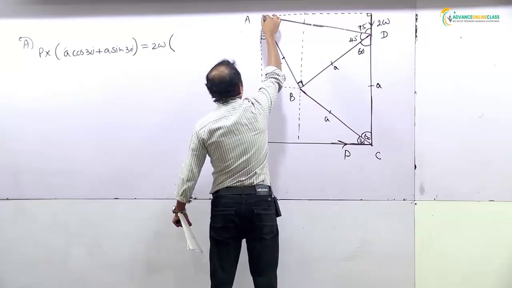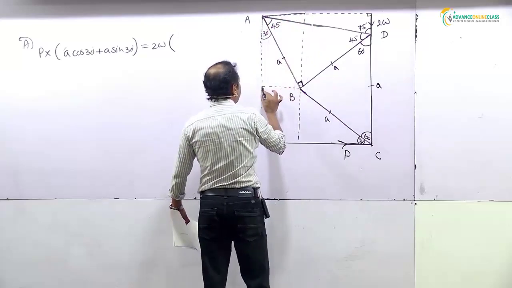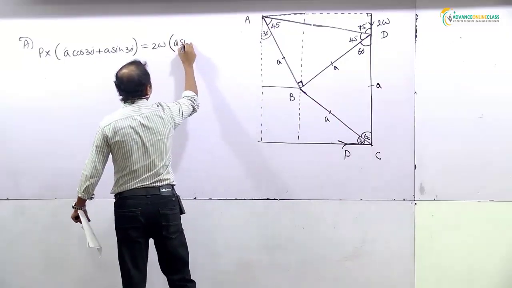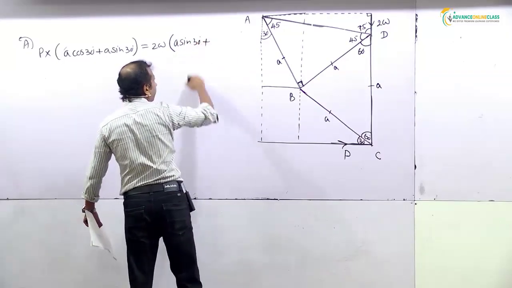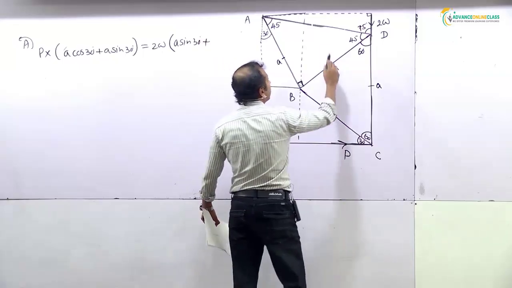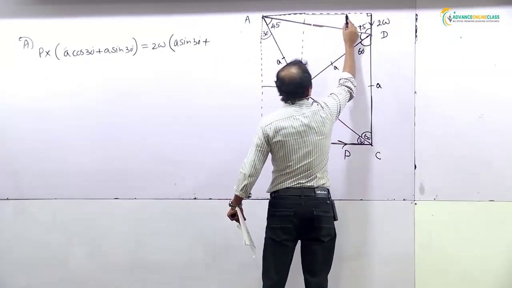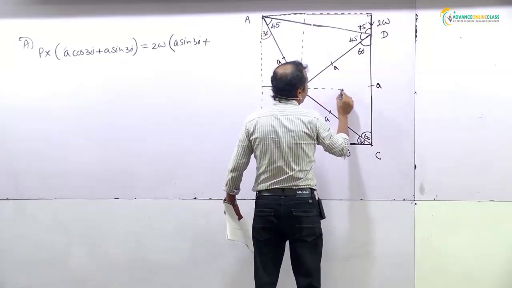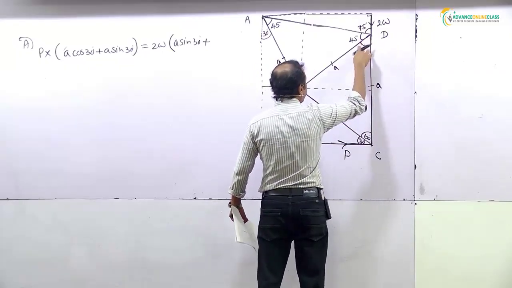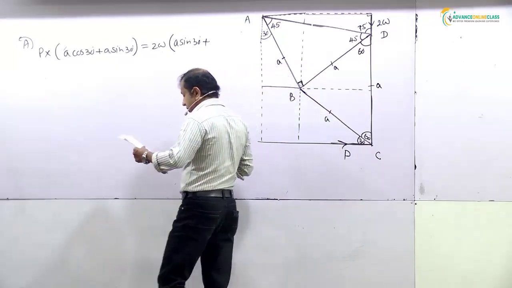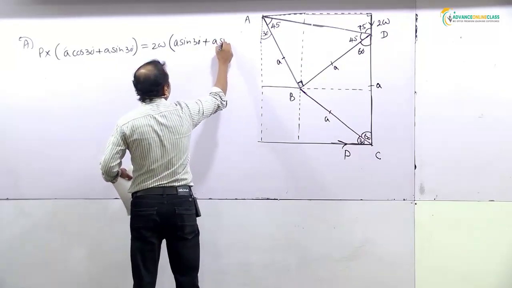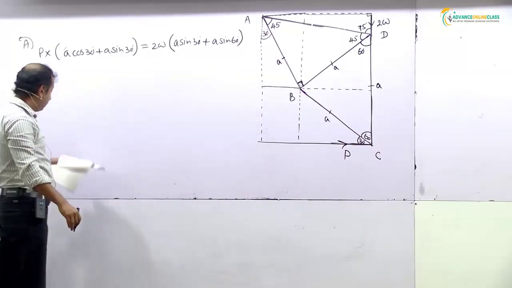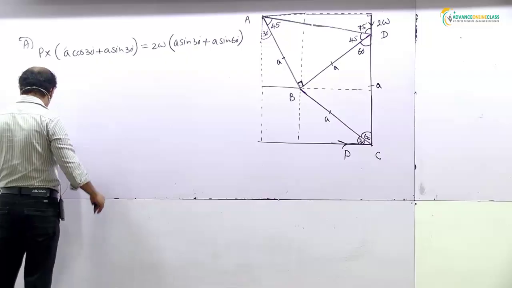This length from here to here is equal to A sin 30, plus the next part from here to here, that is equal to this, no? A sin 60, A sin 30, A sin 60. Correct, no? When you simplify this, you get P equals 2W.